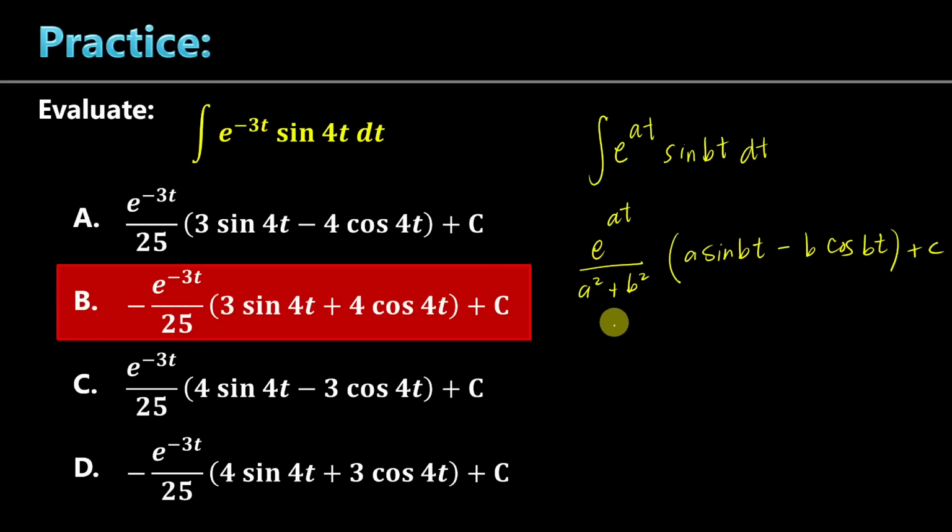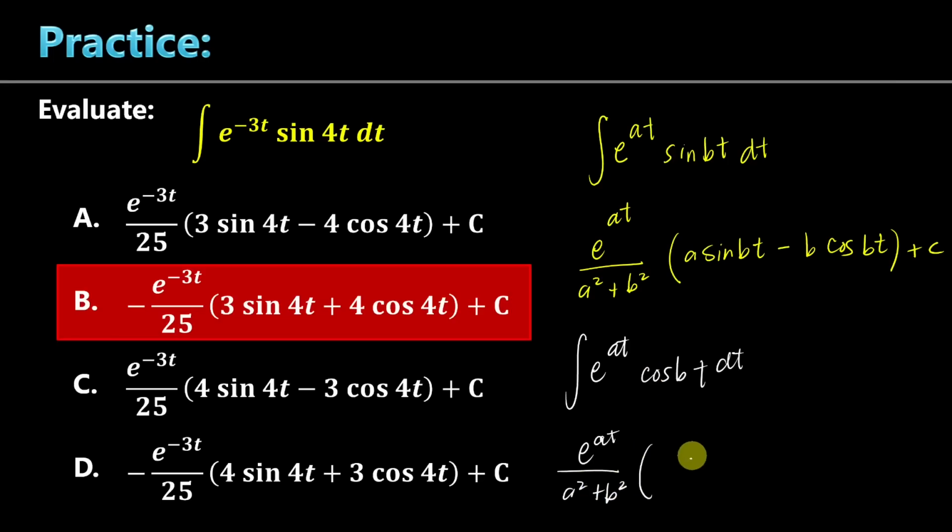Now, pag nagkataon naman na yan ay integral ng e to the at cosine bt. Integral of e raised to at times cosine of bt dt. Ang sagot dyan is, same lang yung unang term, kopyahin mo lang e to the at over a squared plus b squared times, una lagi yung a, so since ito ay cosine, mauuna yung cosine. bt, dahil yan ay cosine, it should be plus.